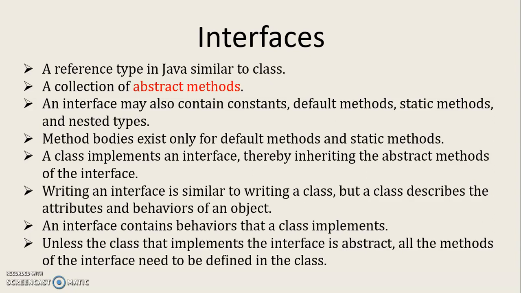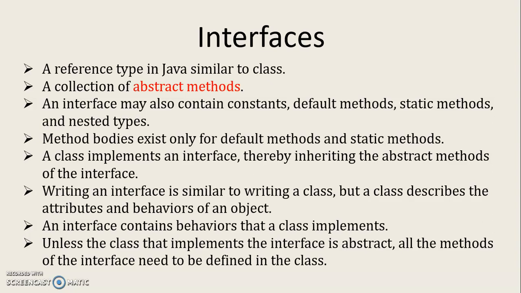Writing an interface is similar to writing a class, but a class describes the attributes and behaviors of an object. That means the class is going to define the body of a particular abstract method defined inside the behavior, and it is going to execute the method. An interface contains behaviors that a class implements.